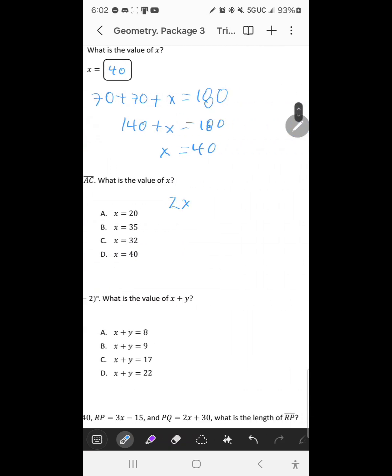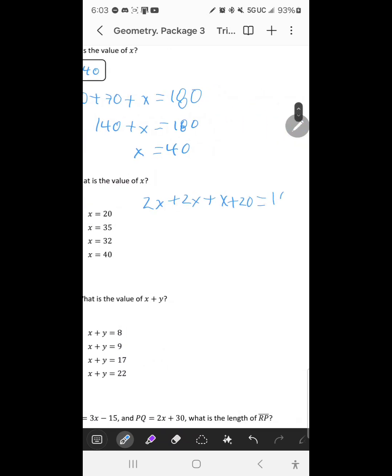Now, based on that, we know that the sum of the angles of the triangle is 180, so we could say that 2x plus 2x plus x plus 20 equals 180. So 5x, I'm going to subtract 20 from both sides, so it equals 160.